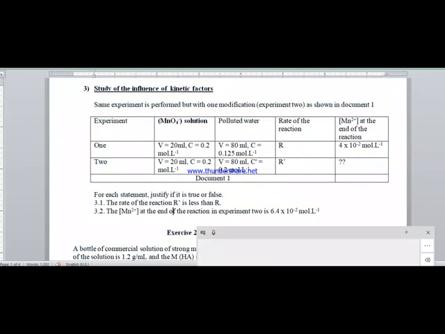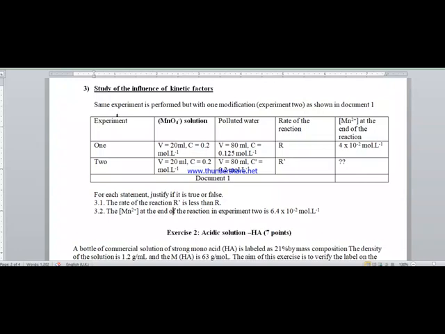Okay. The third part in this exercise is about the study of kinetic factors, and we have two experiments. In the first and the second experiment we have the same quantity of potassium permanganate, same volume, same concentration, nothing changes.